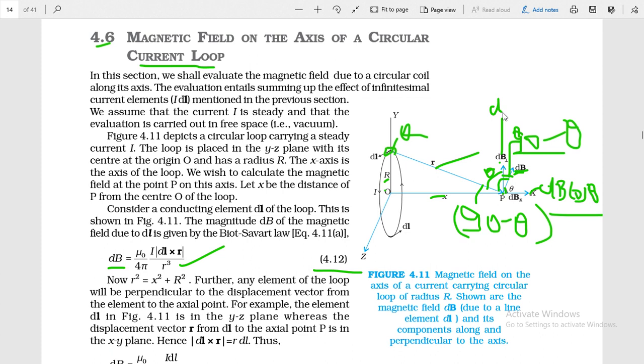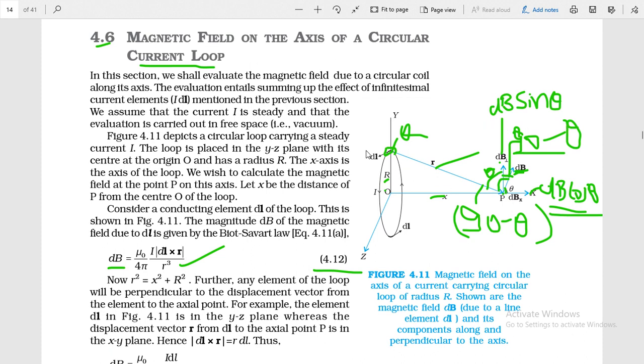So this one is dB sin theta. Now similarly you can take different elements from this circular loop, and the magnetic field due to all these elements along the x-axis is dB cos theta, whereas along the perpendicular direction to the x-axis they are dB sin theta.